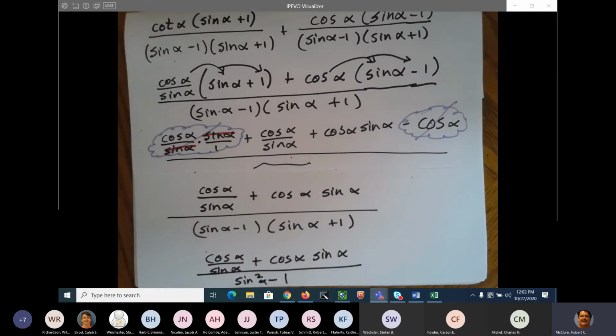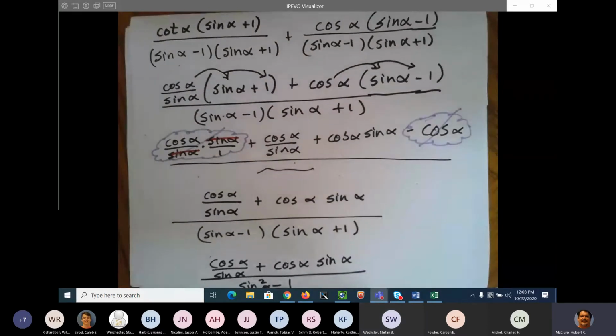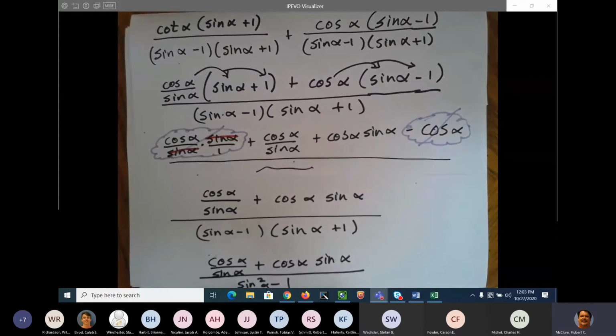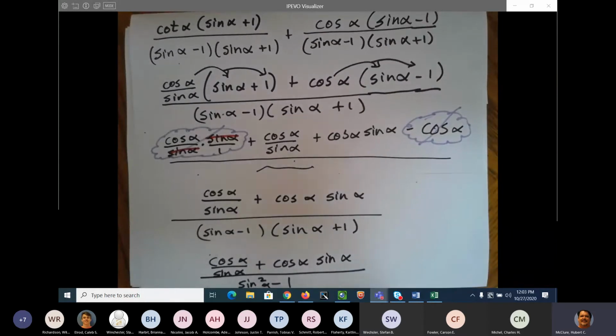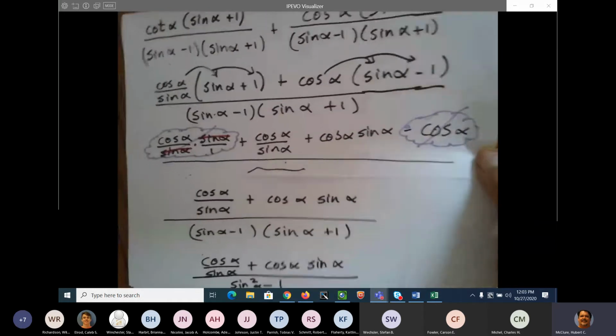And what is the sine squared minus 1? Cosine squared. Technically, it's negative because the signs would be different. It'd be negative sine squared plus 1. So it's going to come out to be negative cosine squared. That's not a big deal.